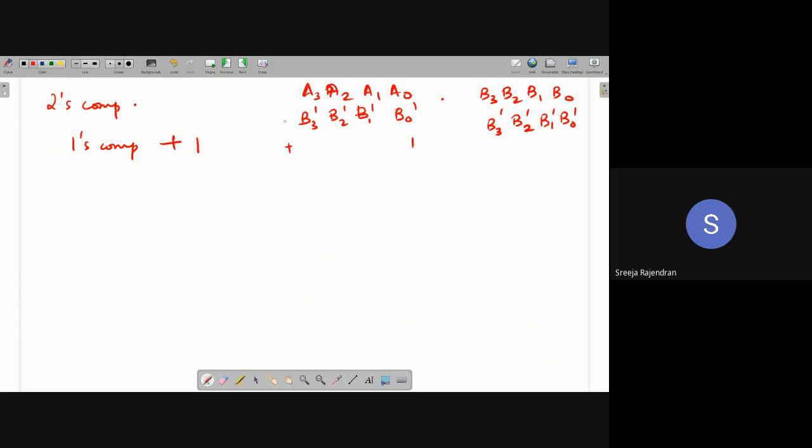I add a 1 also. What I got is the two's complement. Two's complement subtraction means I take the one's complement of the number, then add a 1, and then I get the two's complement. This step generates the two's complement, and then I add it with my first number.